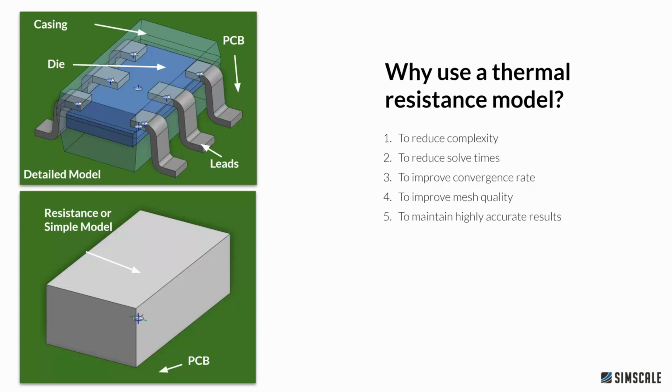But we have got one final solution available to us, and that is what we call the resistance model. Now, this doesn't model it as one uniform temperature. What it does is it takes into account some sort of thermal resistance between the junction, and the junction is what we're gauging to see failure, and it's going to say there is some resistance between this and all directions that heat could flow out of.